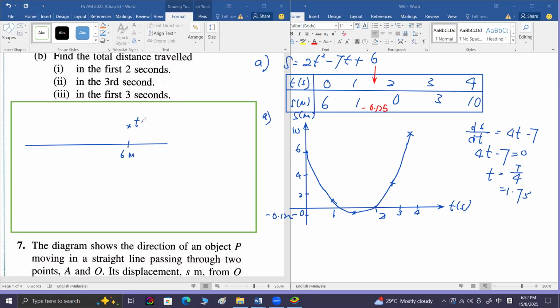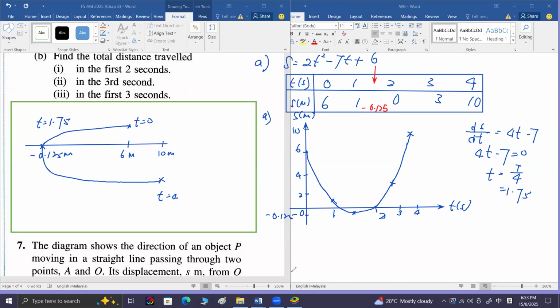Turning point means t is 1.75. A bit different from just now, I don't get all the values. I get the starting point and turning point. Here I got negative 0.125. Ending point, that is 10 meters when t is 4. Okay, see how I sketch, class?